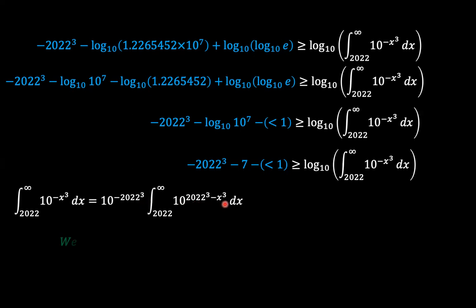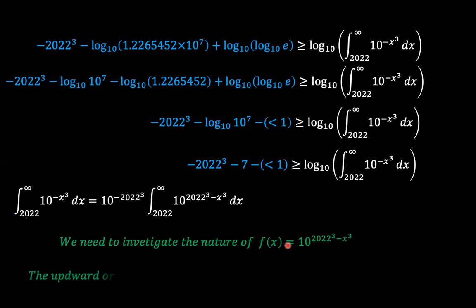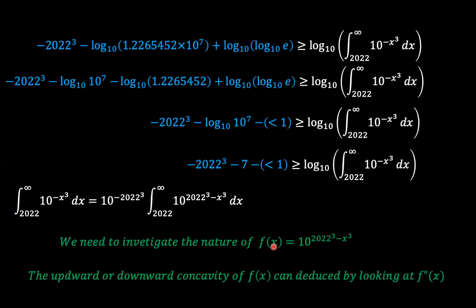So now we need to investigate the concavity or the nature of this integrand, f(x). So the upward or downward concavity of f(x) can be deduced by looking at the second derivative of the integrand, right? So if f(x) is equal to 10 to the power 2022 cubed minus x cubed, log f(x) is equal to log 10 to the power 2022 cubed minus x cubed.